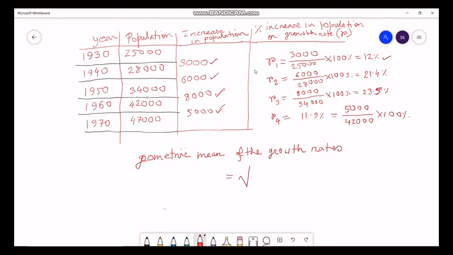We do this applying this formula. We have four growth rates because there are 4 decades between 1930 and 1970. So putting the values of R1, R2, R3, R4, we get the geometric mean of the growth rates as 16.37%.